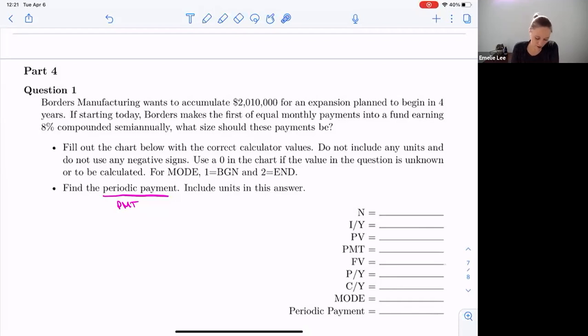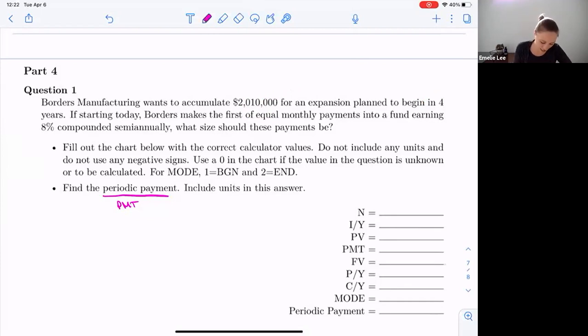So Borders Manufacturing wants to accumulate $2,010,000. Man, I have a hard time reading large money amounts, struggle city. For an expansion plan to begin in 4 years. So that's implying that we have 4 years to come up with this $2 million.